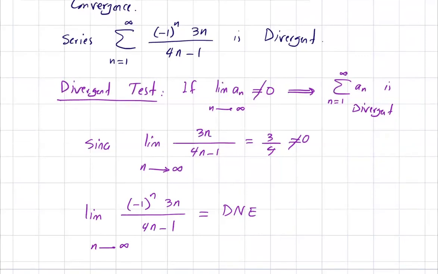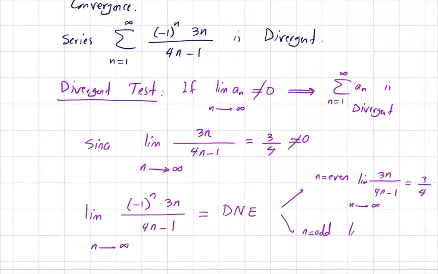If n is even, you have -1 to power even, which is 3n divided by 4n minus 1. When you take the limit as n goes to infinity, it gives you 3/4. But if n is odd, you get the limit of -3n divided by 4n minus 1, n goes to infinity, which is -3 over 4. You have two different limits. What's the meaning of that? It means that the limit doesn't exist.